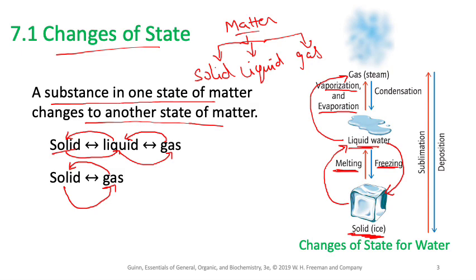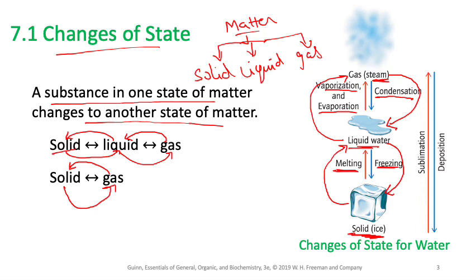And to convert back a gas or a steam, sometimes we call it steam, in the gas phase if we talk about water, we can convert a gas again into a liquid form, which is liquid water, through a process called condensation. So make sure you remember this. Evaporation is the opposite of condensation, where in evaporation liquid goes to a gas phase, in condensation gas comes back into a liquid form.